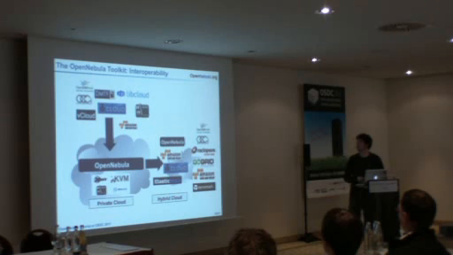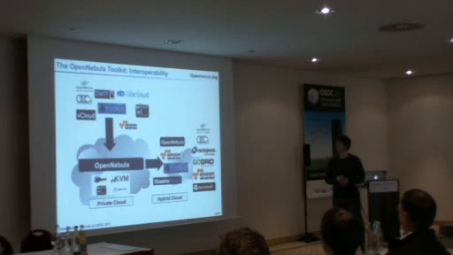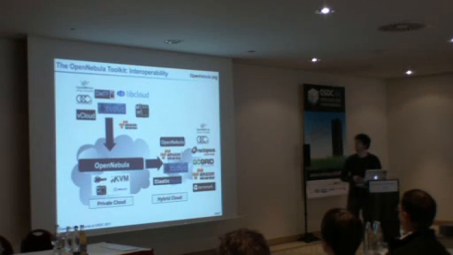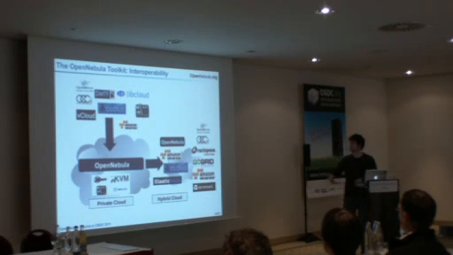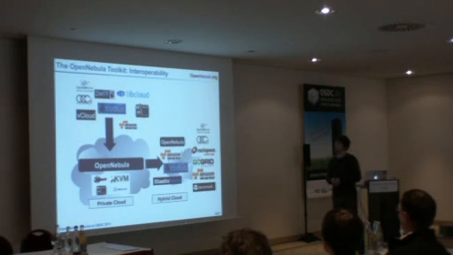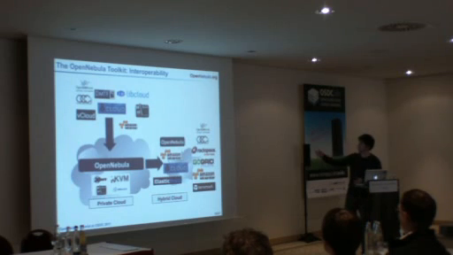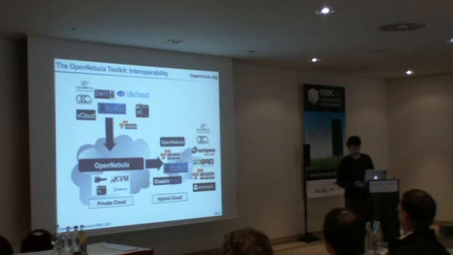So we implement some of the best-known interfaces for cloud computing, like OCCI, and also the Amazon EC2 query service. We also have plugins to talk with different service providers, like Amazon or Elastic Hosts. And we have a plugin for Deltacloud that helps OpenNebula talk with different service providers, like Rackspace, GoGrid, Terremark, and some others.